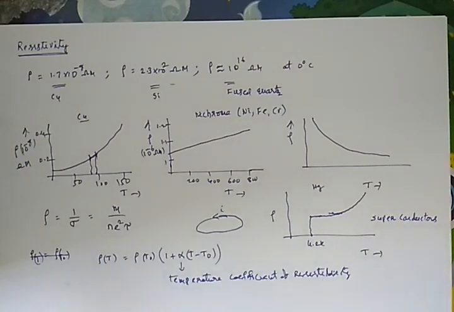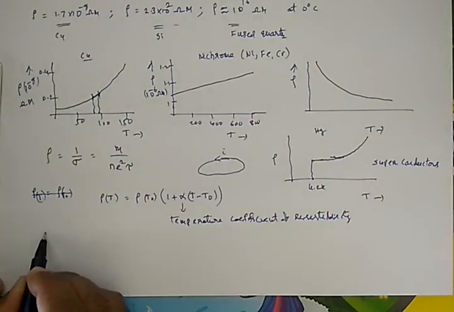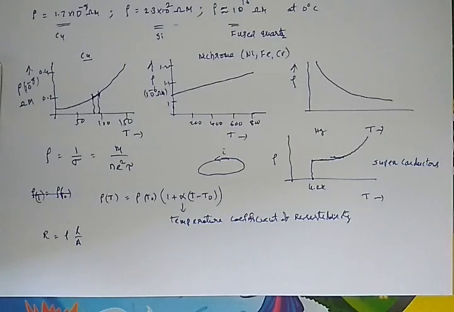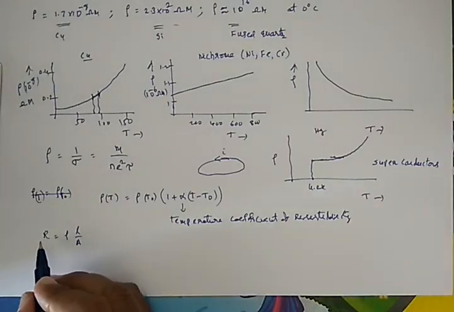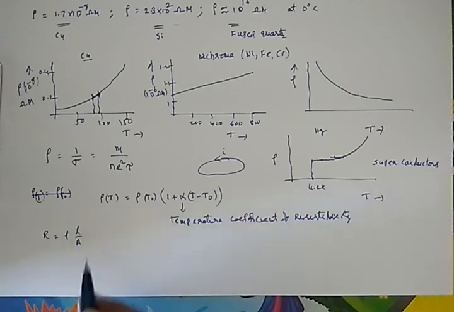Rho T0 is the resistivity of the material at the reference temperature, and rho T is the resistivity of the material at temperature T. And we know that the resistance of the material equals rho L by A. Here R is the resistance of the material, rho is the resistivity, L is the length of the wire, and A is the area of the wire.